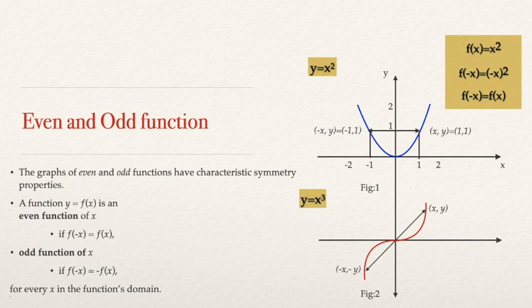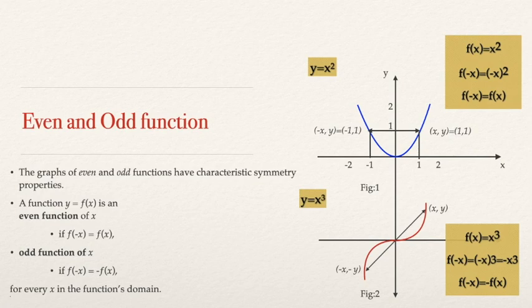Similarly, see in figure 2, which is the graph of y equal to x cube. So this is an odd function. Why? We can see f of x equal to x cube. Now replacing x by minus x in the function, we get f of minus x equal to minus x whole cube equal to minus x cube, which is equal to minus of f of x.